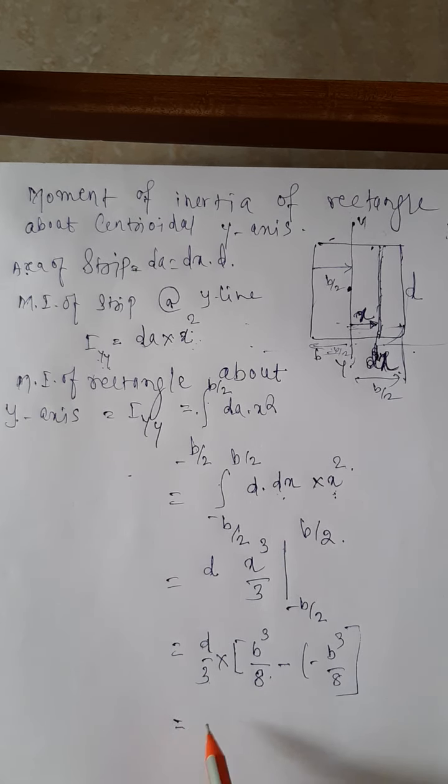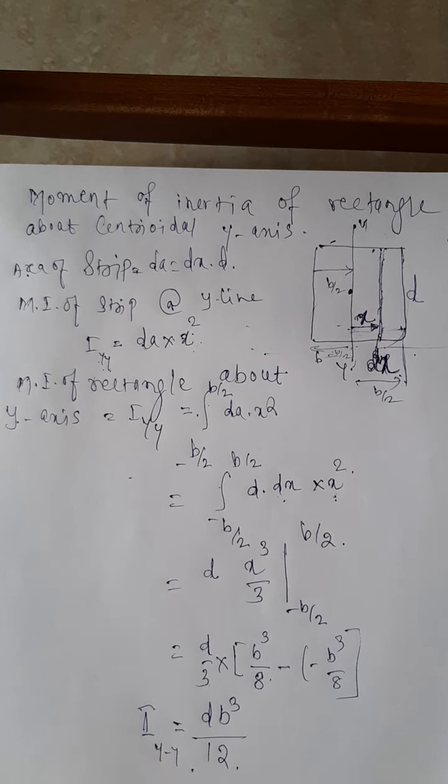The final answer will be d b cube divided by 12, which is the moment of inertia of this rectangle about the yy line. So friends, we got the moment of inertia of the rectangle about the y-axis.